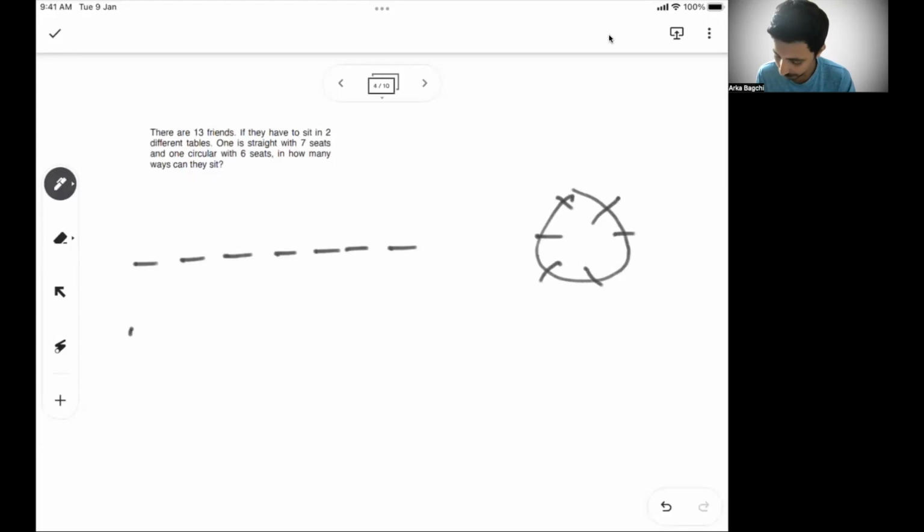So the first part of your problem is choosing 7 people out of 13 people, which by default ensures the other 6 go to the circular table. So first you choose, and for each of these choices, you can arrange these 7 people at a straight table in factorial 7 ways. So that we know. 7 people in 7 places can be arranged in factorial 7 ways.